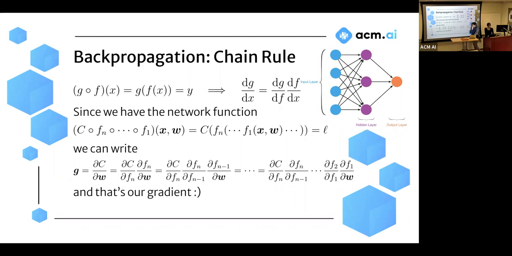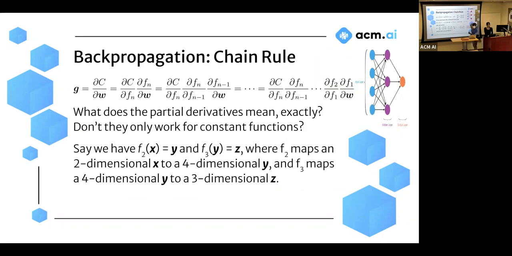Okay, so that seems pretty great, right? We can just do this, but the issue is, what do these partial derivatives really mean? We have done partial derivatives of a scalar with respect to a scalar before, in Math 32A or something like that. The value is a scalar.